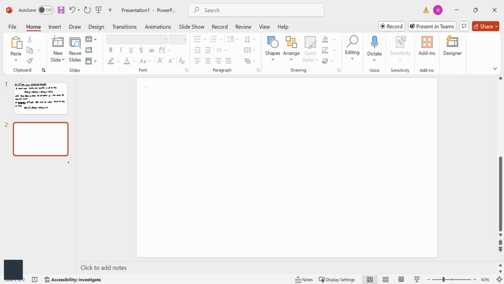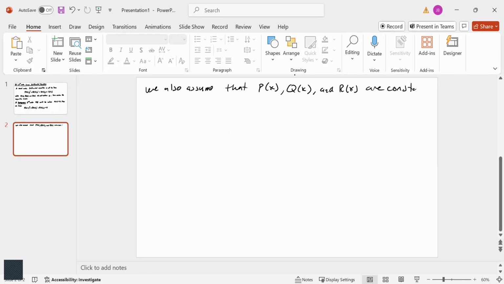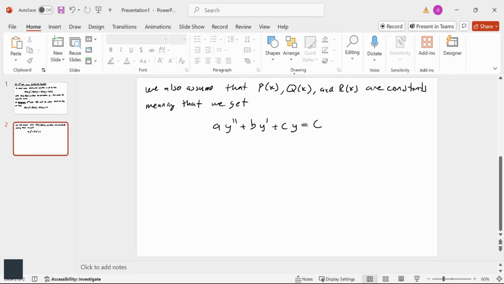So we also assume that p of x, q of x, and r of x are constants, meaning that we get a y double prime plus b y prime plus c y equals zero, where a, b, c, whenever you see this, it just means they're real numbers.